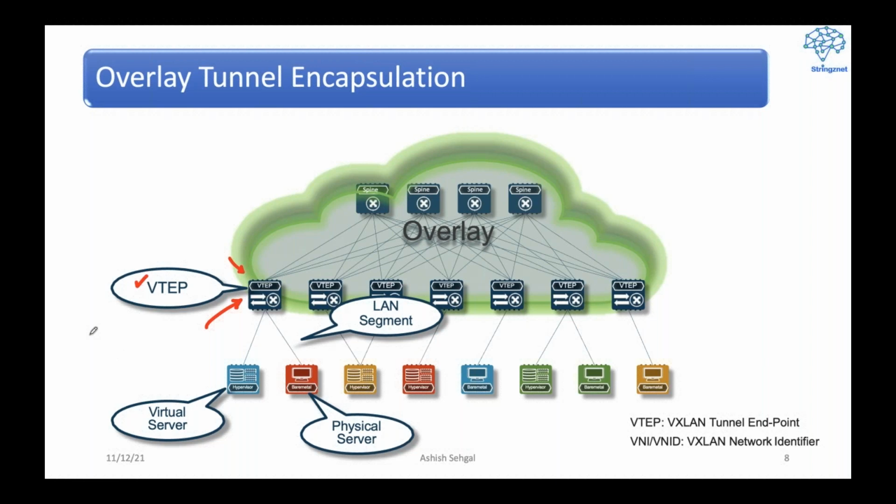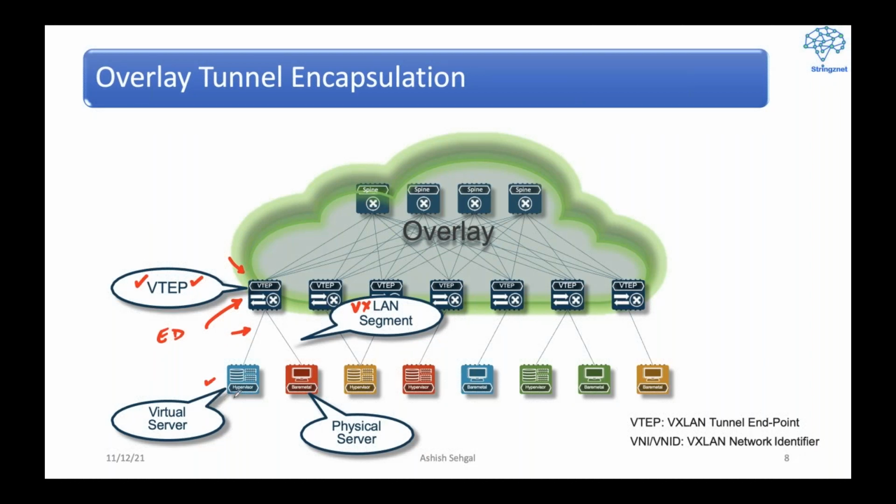We have just seen that these switches can be physical or virtual switches, but we are not going to talk about the concept of virtual distributed switch to understand VTAP. So the devices in underlay known as edge devices, now they are called VXLAN tunnel endpoints. Point number 1. The segment which used to be known as LAN segment, we will call it VXLAN segment now.